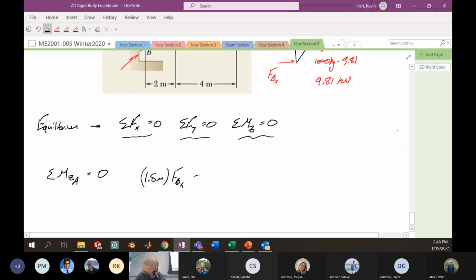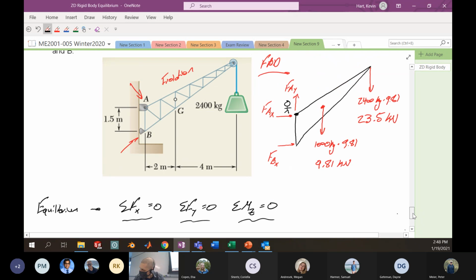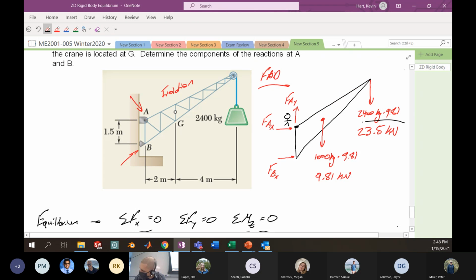So here then I'll have a minus 2 meters times 9.81 kilonewtons. Similar idea for this 23.5 kilonewtons, same directionality, but now a longer moment arm, which is 6 meters total.